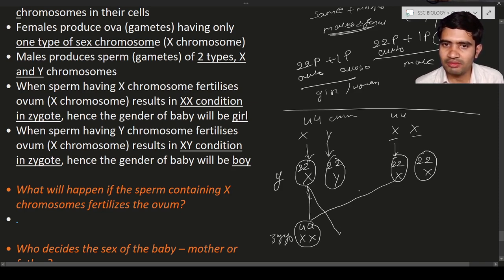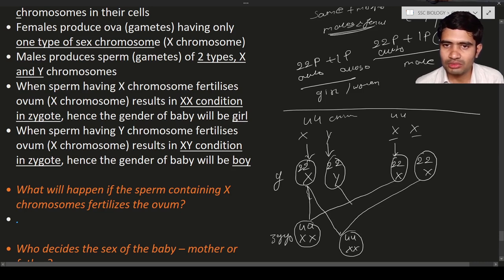Next, the 22 plus X containing spermatozoa and the 22 plus X containing ovum fuse together to form 44 plus X and X. This is another zygote.